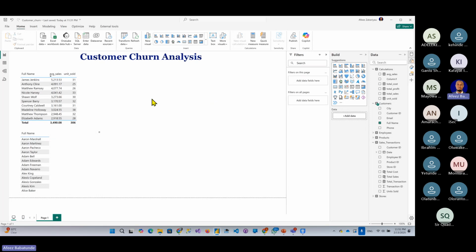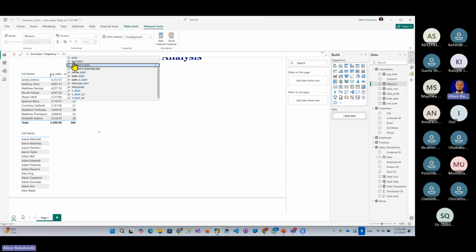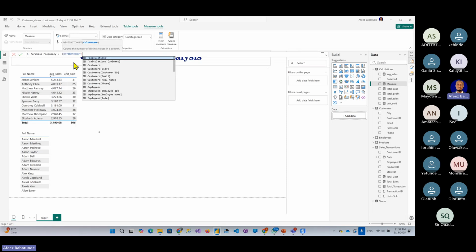So let's create a new measure and call it purchase frequency. And it equals what? We need a distinct count of what, customer?